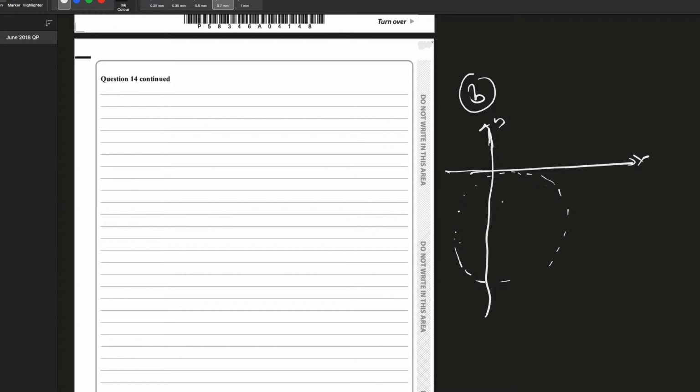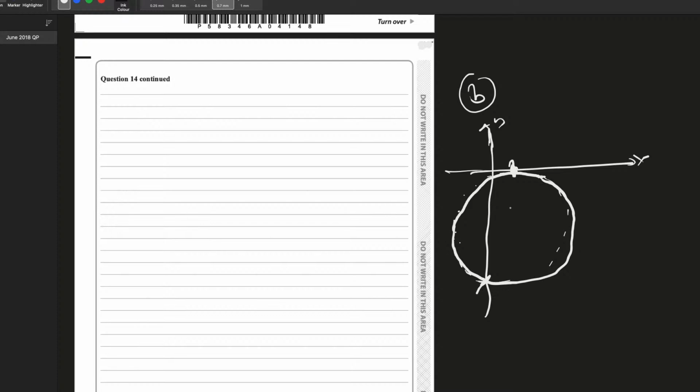So it's cutting at 2 points here. So this is a circle, cutting at 2 points.